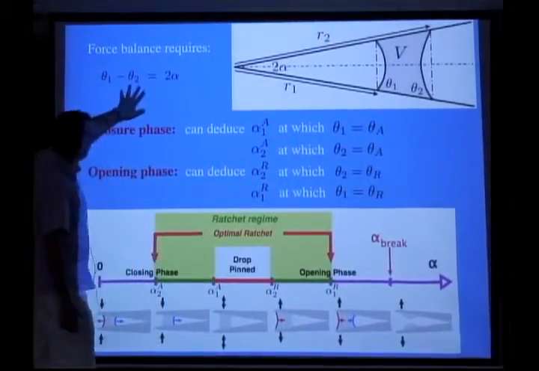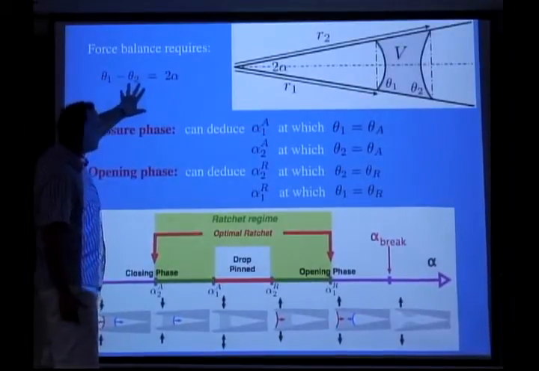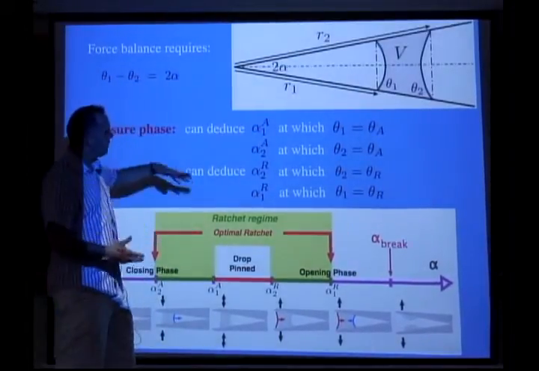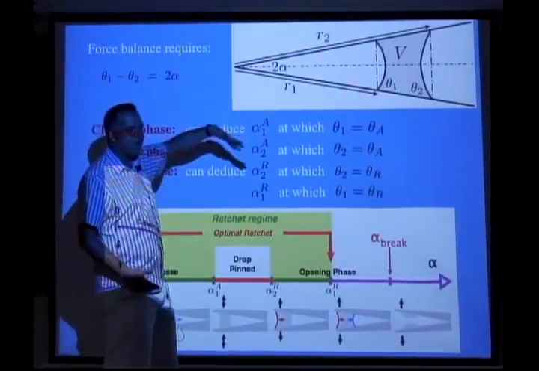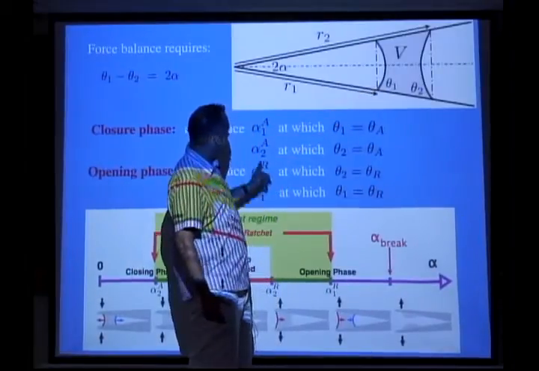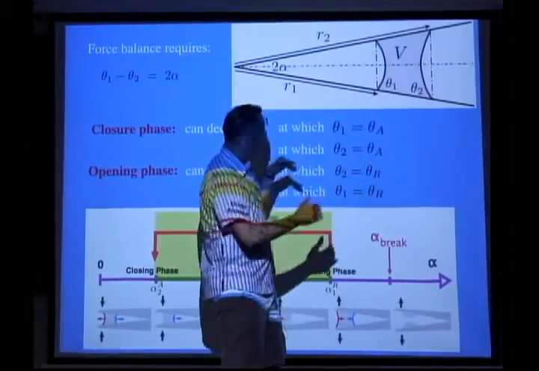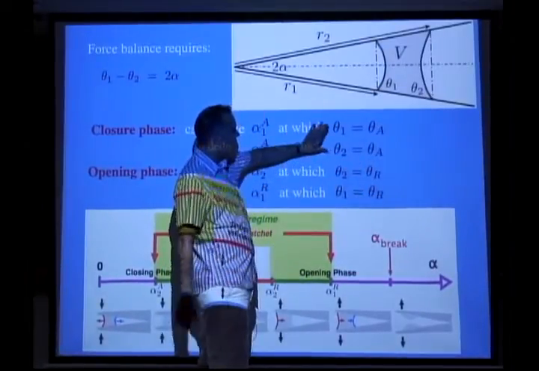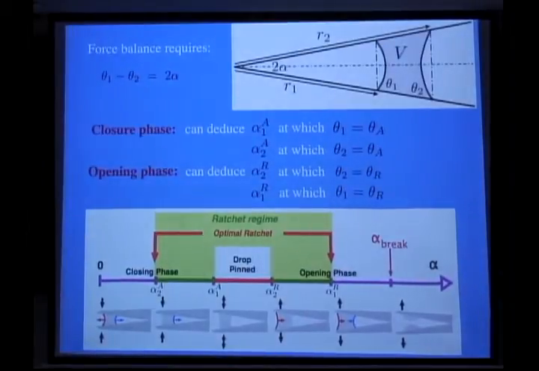Again, you have this asymmetry coming from the force balance. From this formulation, you can find the critical opening angle at which this thing will start moving. And you can also find the angle at which this one will start moving, advancing, and you don't want that to happen. So you want to basically always cycle between these two angles. And this is basically what you see here.